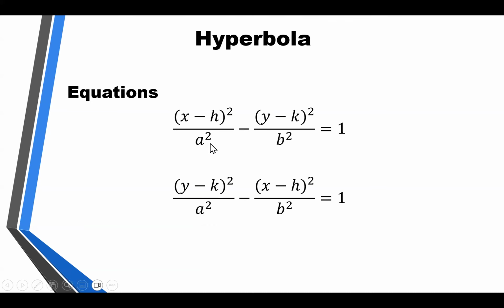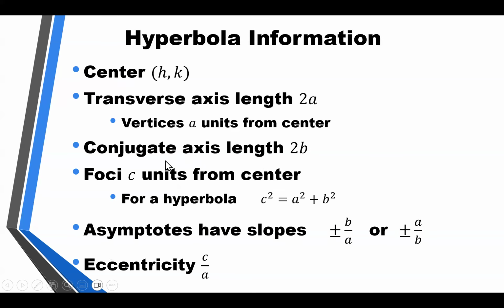So the transverse axis has length 2a, where again the a is under the positive part. The conjugate axis has length 2b, and obviously b is underneath the negative part. The conjugate axis is just an axis. It does not touch any points on the hyperbola.